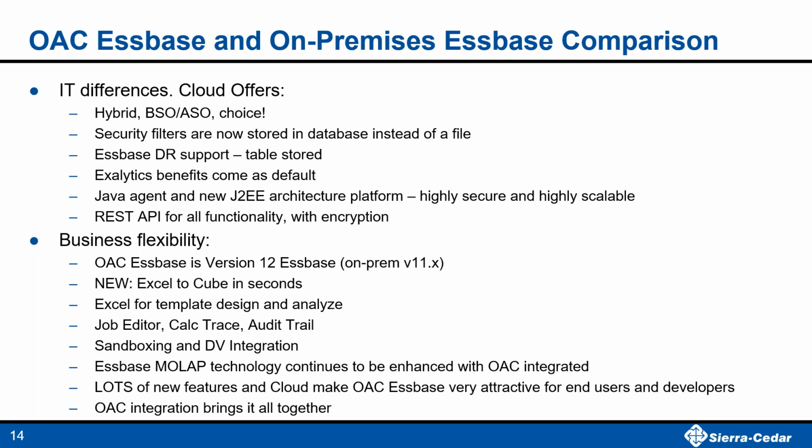In addition, behind the scenes, you get the benefits of Exalytics. You may be familiar with that if there's anyone on the line that runs Essbase on the Exalytics or the engineered hardware. Well, behind the scenes, this is running on the engineered hardware, so you automatically get the benefit of that. Also, there's a full REST API available for doing custom development within the application.